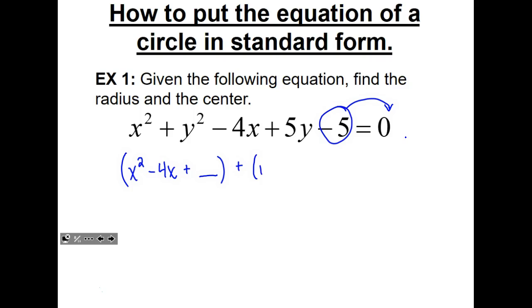And then I'm going to have y squared plus 5y plus blank is going to equal, that's going to be a positive 5 when I move it over to the other side. And since I put a plus blank and a plus blank on the left side, I'm going to put a plus blank and a plus blank on the right side.